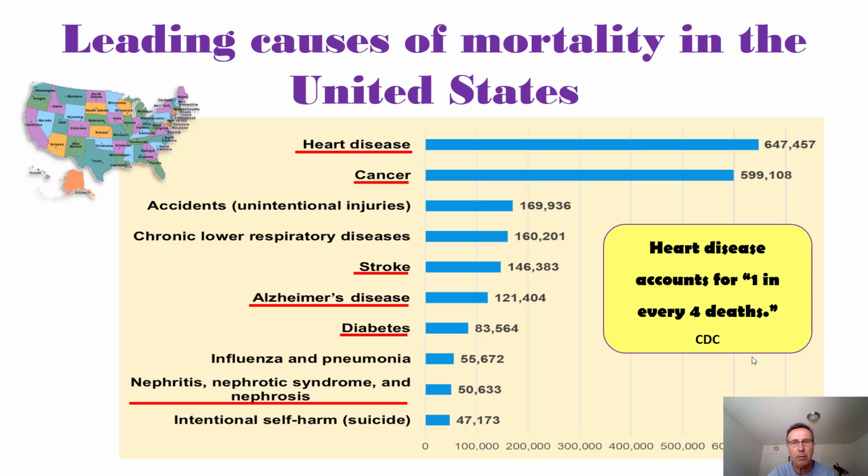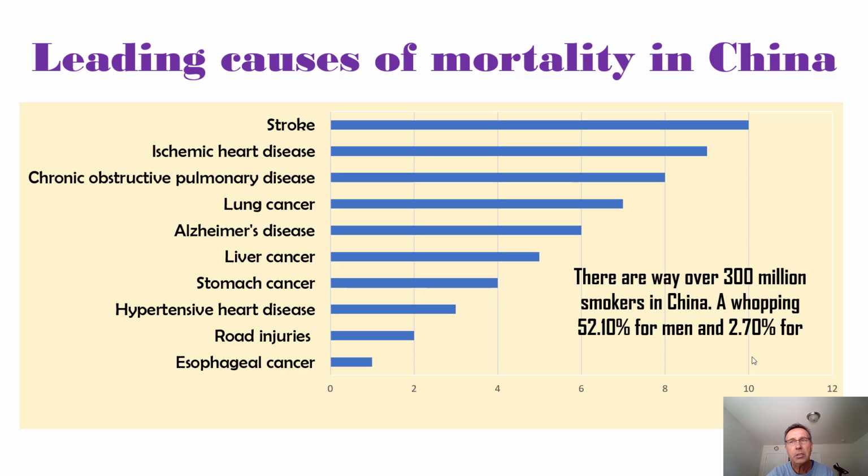Nutrition is part of our lifestyle, okay? So this is in the United States. Notice here we have the leading causes of mortality in China. They are actually somewhat similar to what we have here in the United States. And again, I underline here those that are related to nutrition and diet.